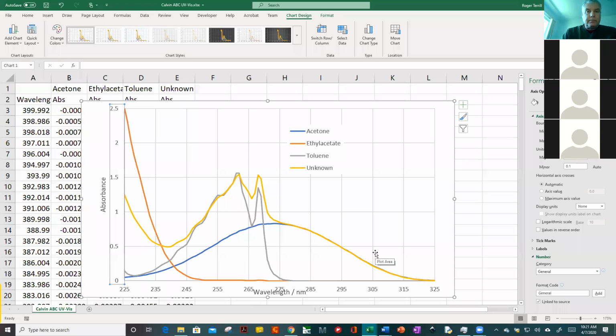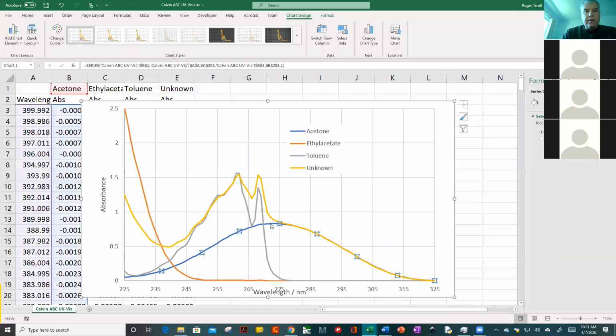Now, one thing that I can say about the acetone and the mixture, right, is that their absorbance is almost the same all the way at wavelengths greater than 275 nanometers, or maybe 280 nanometers, right? That's where they just start to correspond almost perfectly.